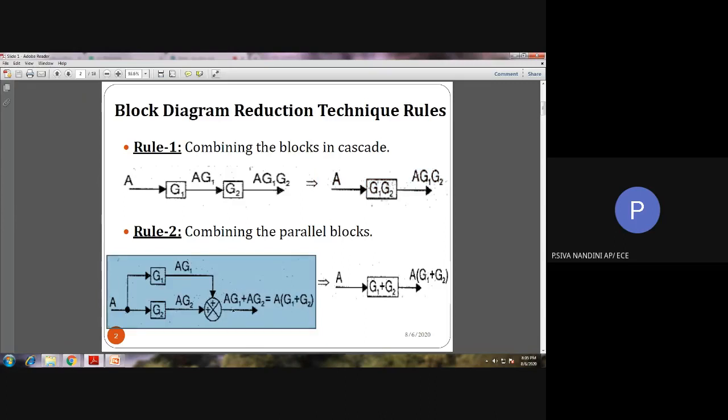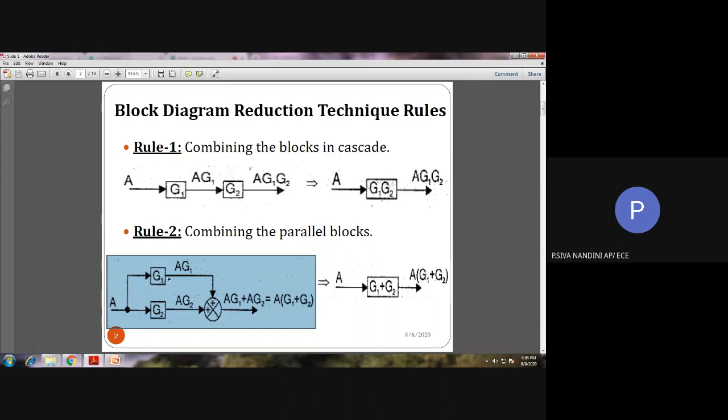Next we shall see rule number 2. Here in our block diagram of a control system, if we are having two blocks G1 and G2, it may be G1 and G2 or some other names, and a common input, say A, is given to the two blocks G1 and G2.